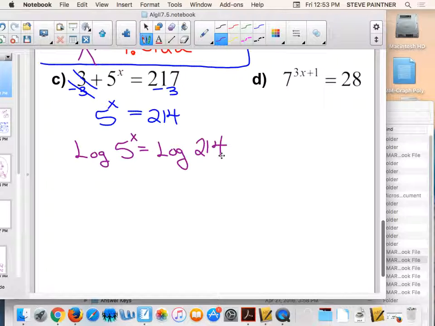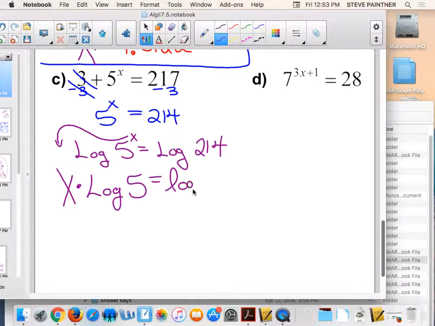This one's not a bad one because when you take log of 5 to the x, where's the x go? X goes in front. Get rid of log of 5 by what?